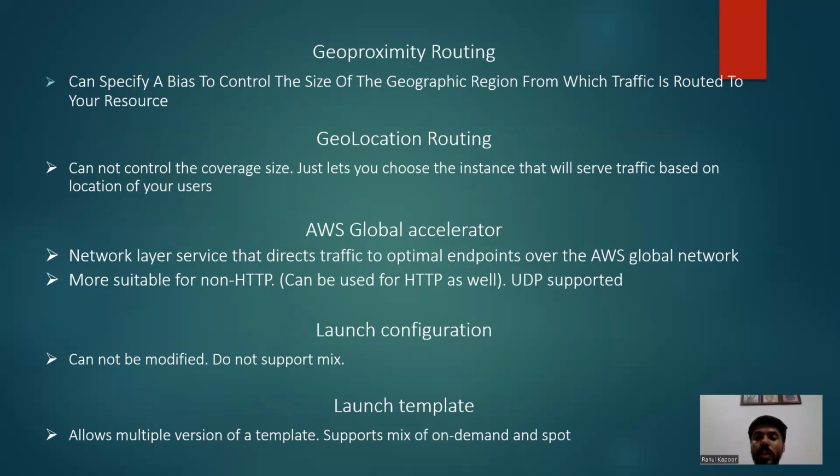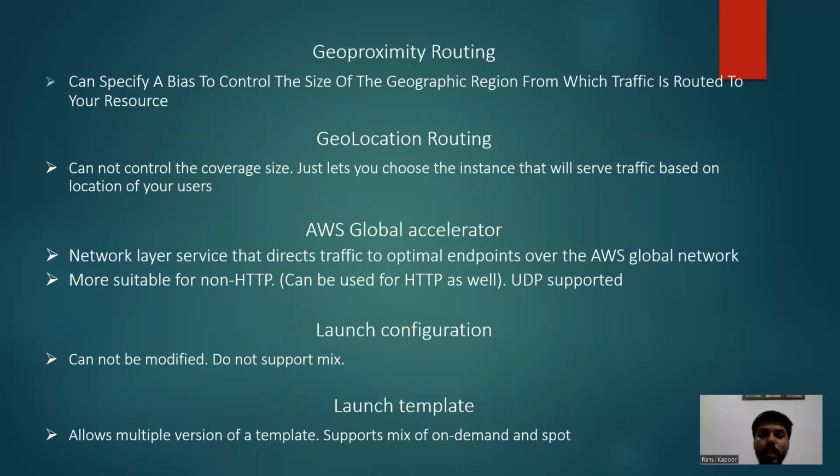So you want the architecture to be designed in such a way that users from that English speaking country should be routed to the Asia Pacific region. Okay, so you can control the size of your geographic region using geoproximity. तो आप उस English speaking country के users को कहीं और route कर सकते हो.